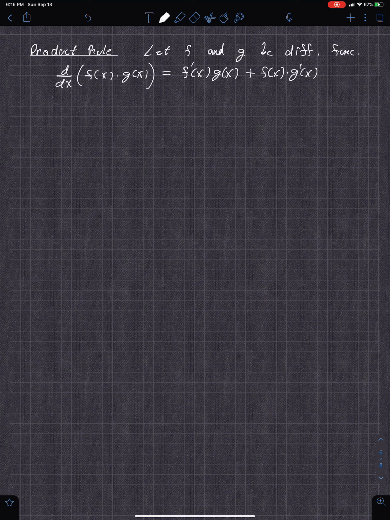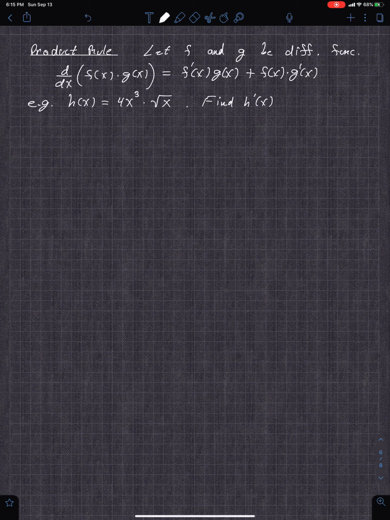So then, for example, let's do an example first. Suppose I have h(x) equal to 4x cubed times the square root of x. Find h prime of x.